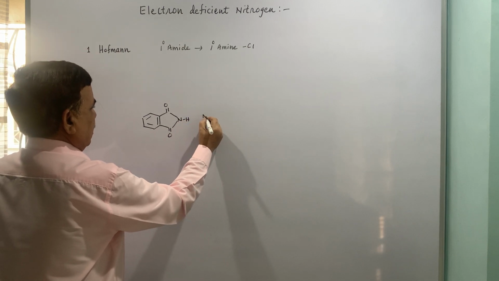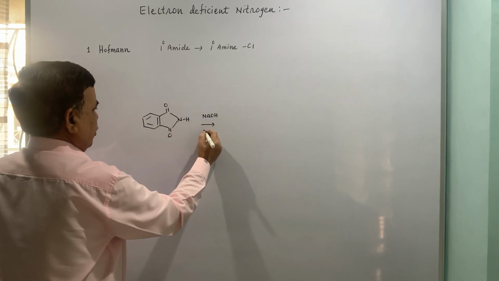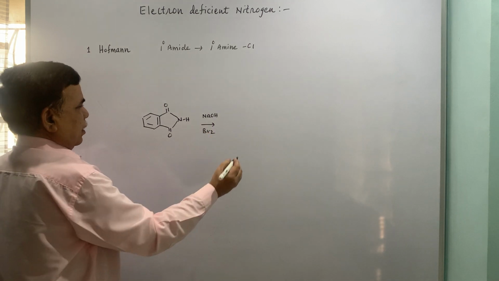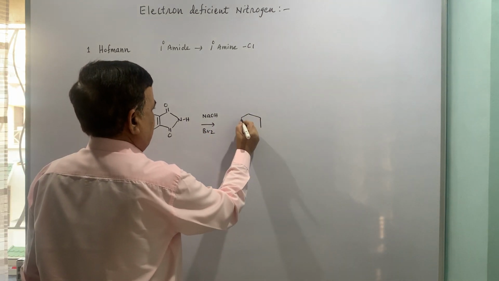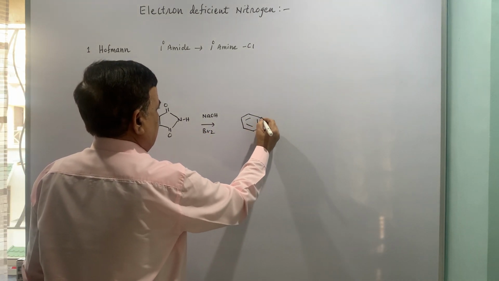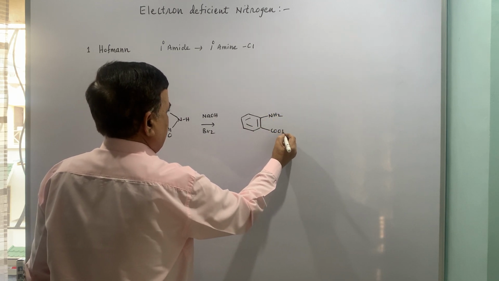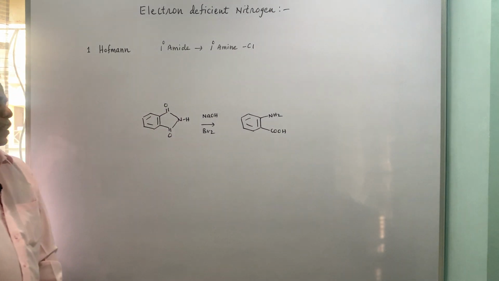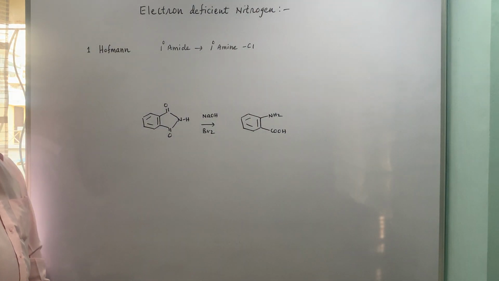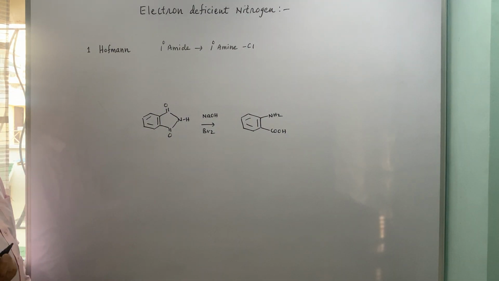Phthalimide when treated with NaOH and bromine gives anthranilic acid. This is the best example what we have with us.